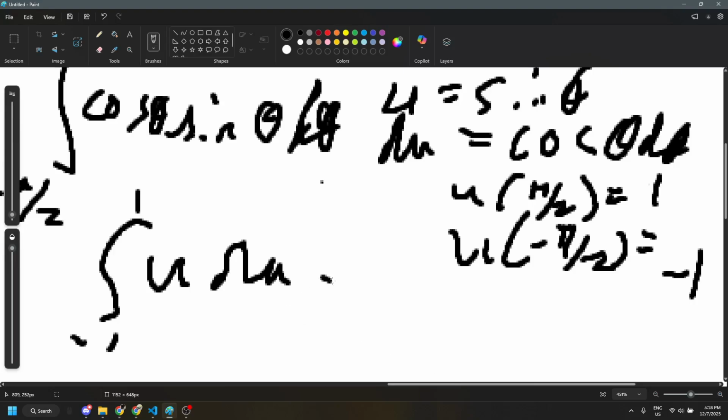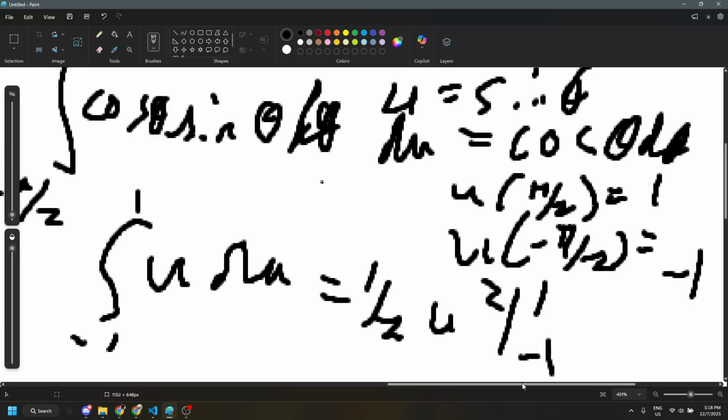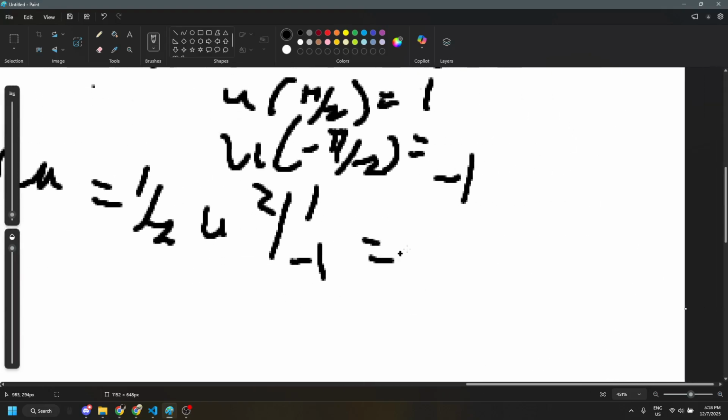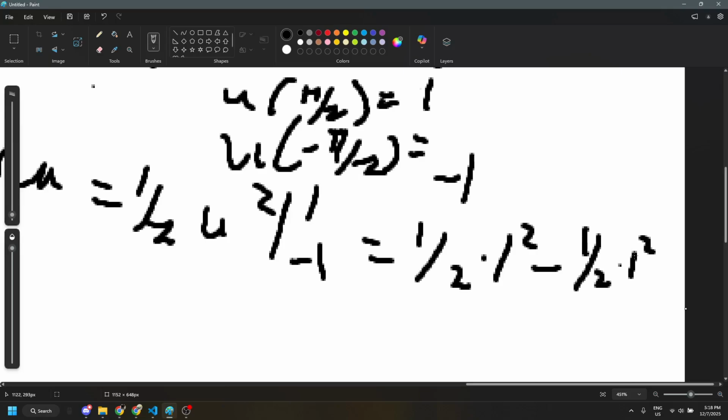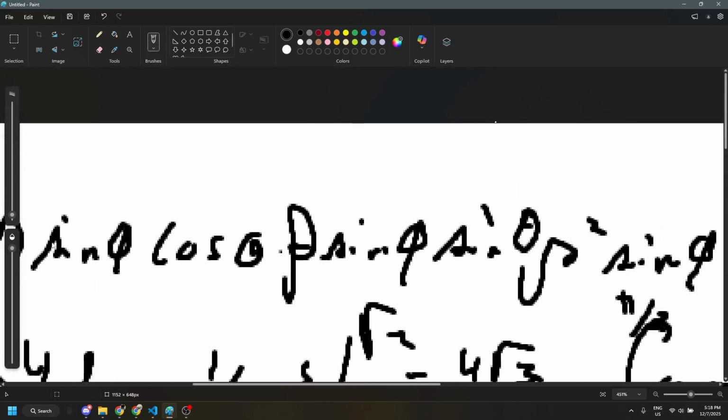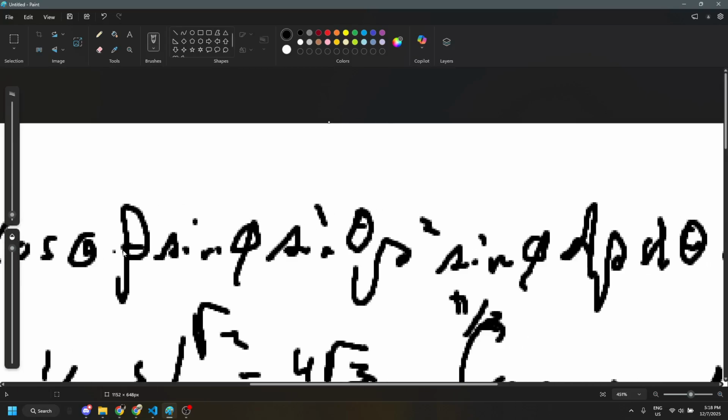Right, yep, which is equal to 1/2 u squared from 1 to negative 1, which is equal to 1/2 times 1 squared minus 1/2 times negative 1 squared, which is 1, which is equal to 0. This seems wrong. What did I do wrong?